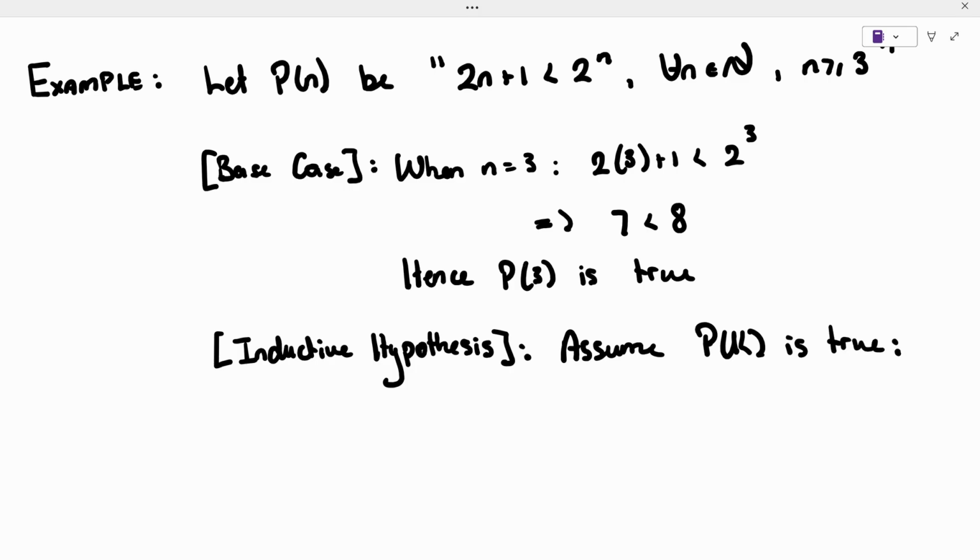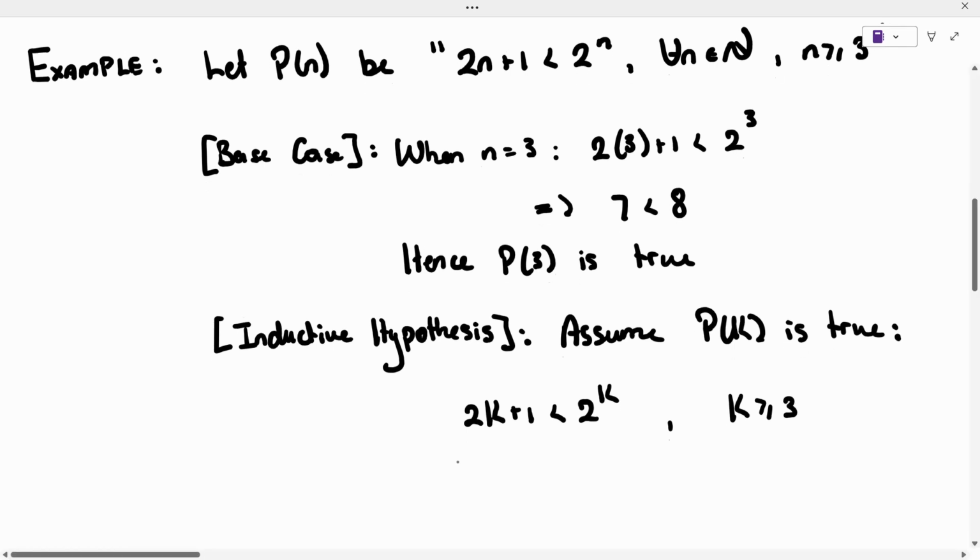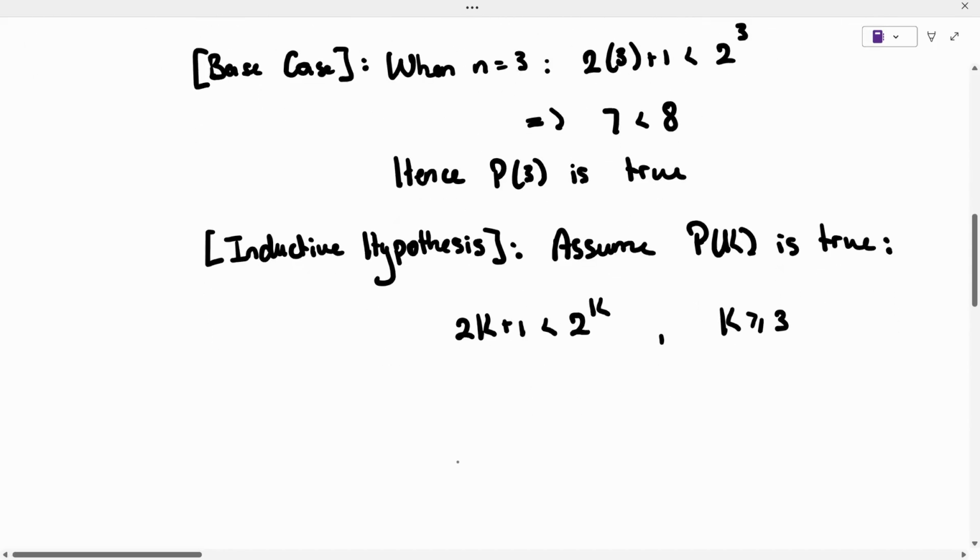So what does P(k) give us? Well, anywhere we see n, we're just going to write k. So 2k + 1 is strictly less than 2^k, where k is, of course, a natural number greater than or equal to 3, right? Because k is some number between our base case and our nth case, right?